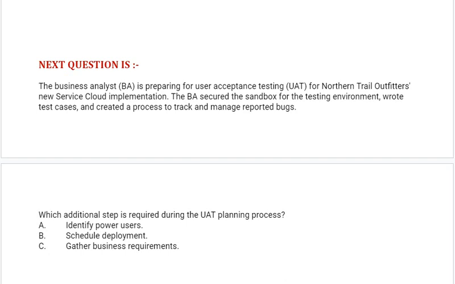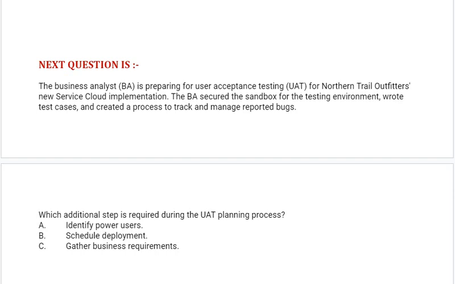Next question is: the business analyst, BA, is preparing for user acceptance testing, UAT, for Northern Trail Outfitters' new Service Cloud implementation. The BA secured the sandbox for the testing environment, wrote test cases, and created a process to track and manage reported bugs.